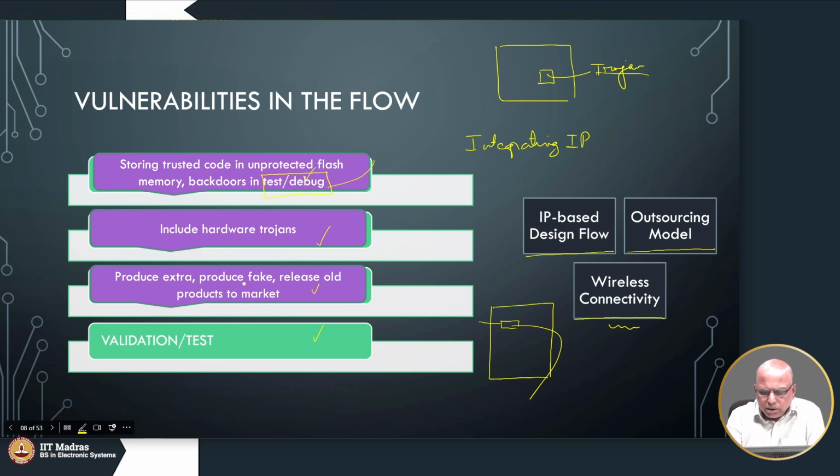Similarly, I already mentioned that you can produce fake ICs. In the same way, we are beginning to outsource, right? Even fabrication is being outsourced. Many companies are now fabless. They depend on an external fab in some other country to make those chips and provide them back. Now, when making these chips, if the order is for, let us say, 10 million, what prevents this company from manufacturing another 2 million?